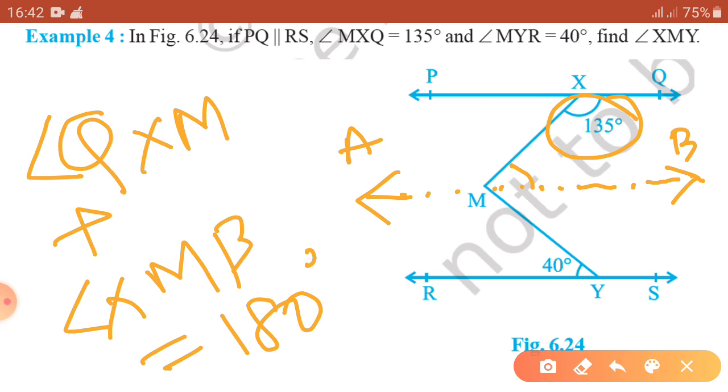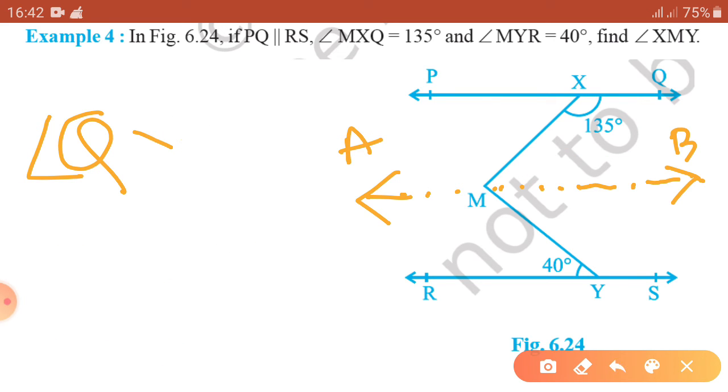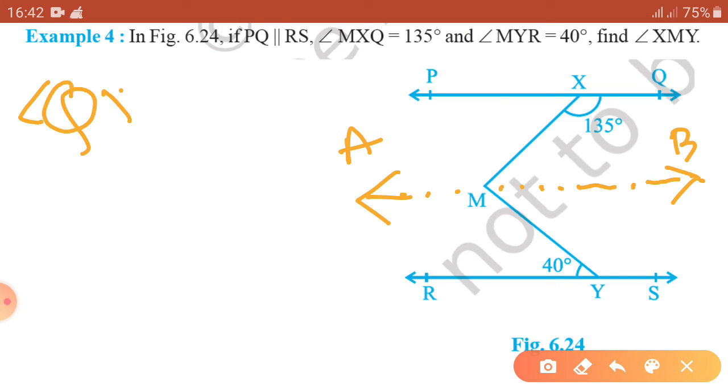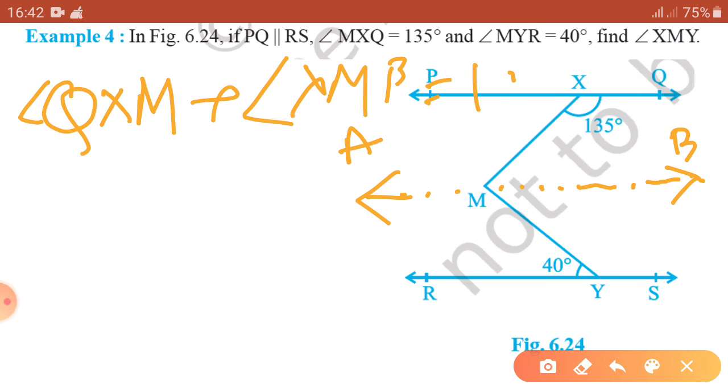But here QXM is equal to 135 degrees. So we can write that angle QXM plus angle XMB is equal to 180 degrees.